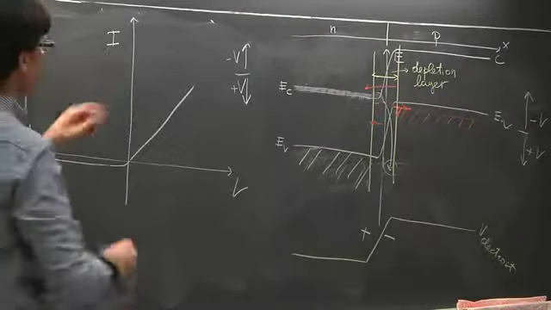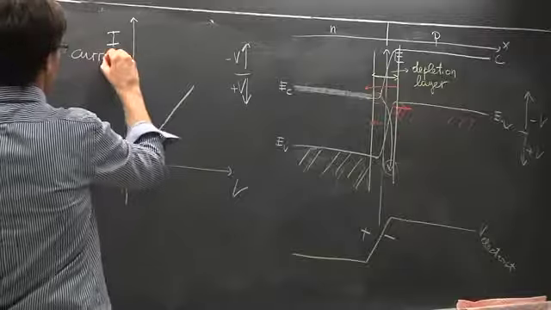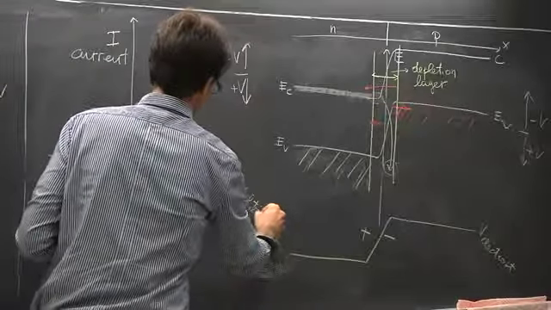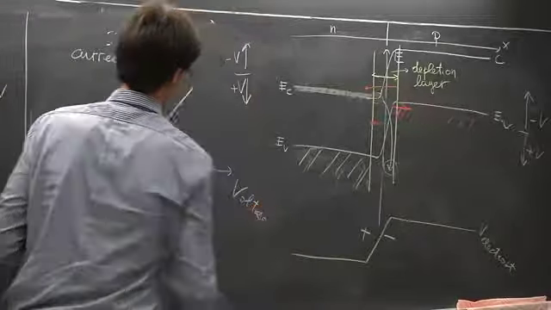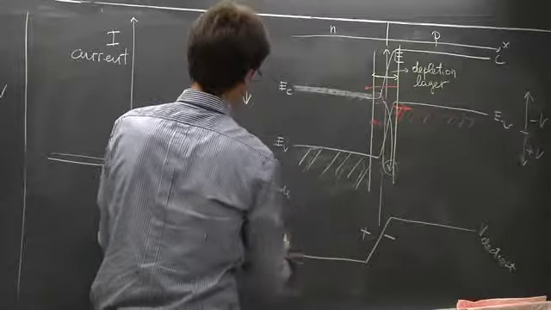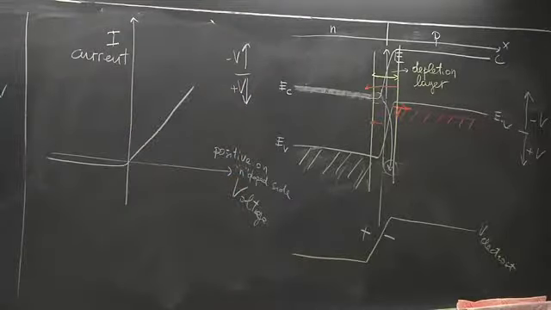Now I'm plotting current versus voltage. And I'm assuming that plus means plus on the left side, on the n-type. Okay, so positive on the n-doped side. This is what I mean by positive. Otherwise, it's just reversed.